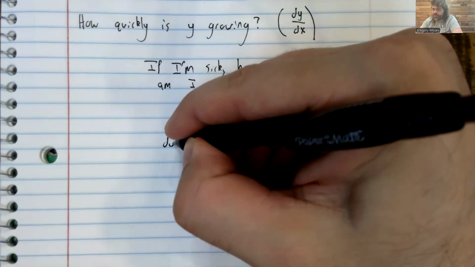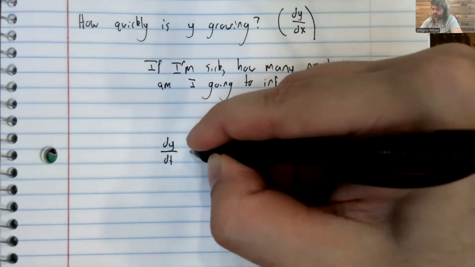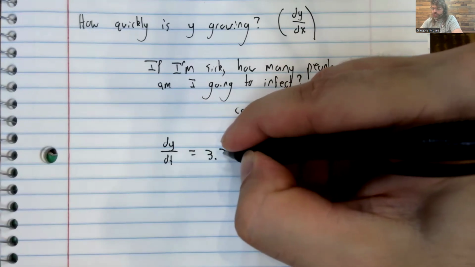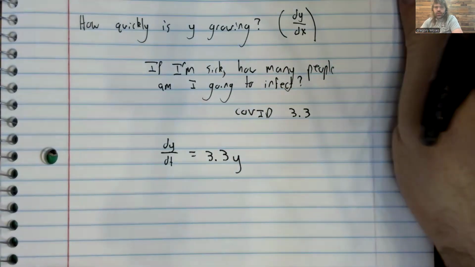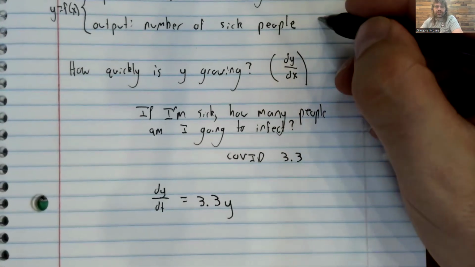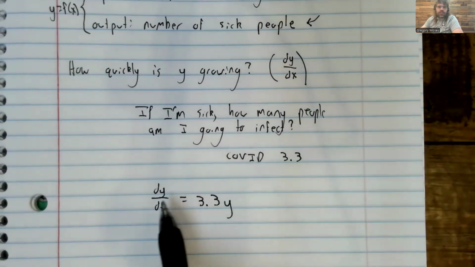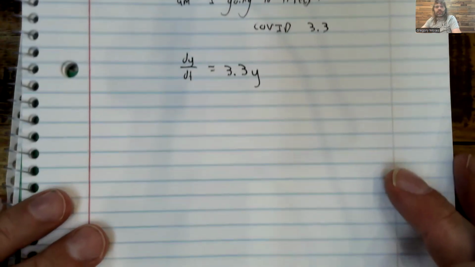That the rate at which the epidemic is growing is 3.3 times the number of sick people. And something like this, where we have the derivative of y set equal to something involving y, is called a differential equation.